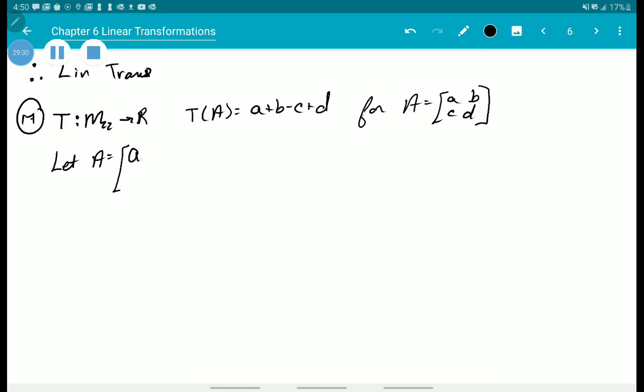Let's do A11, A12, A21, and A22, and B11, B12, B21, B22.